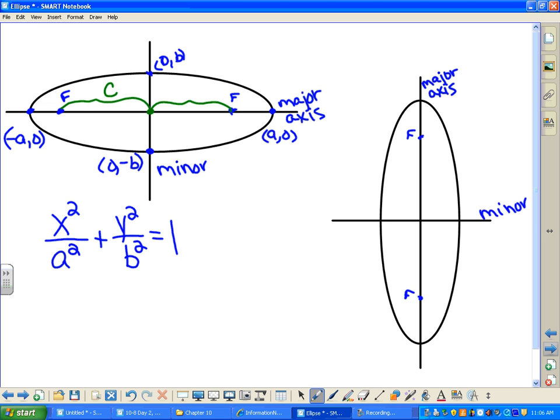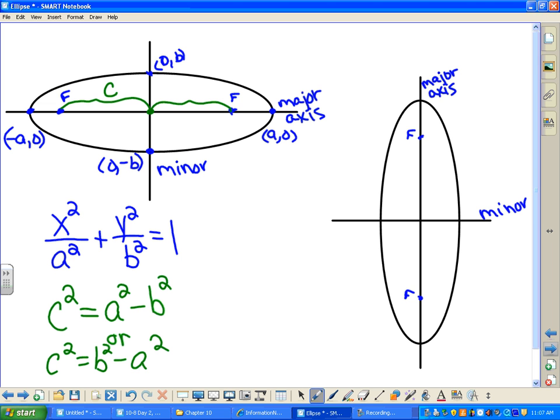Well, we have a little formula here as well. And it actually is for c squared. And c squared is either going to equal a squared minus b squared, or it will equal b squared minus a squared. Any ideas why it could be one or the other? It can't be negative.